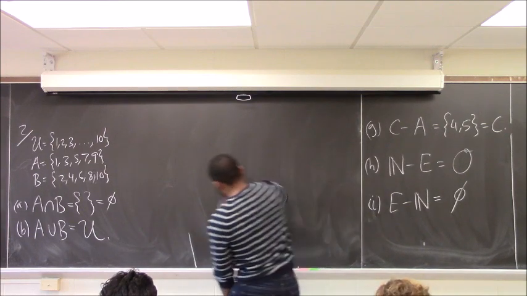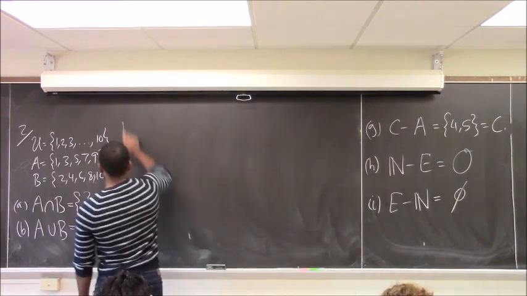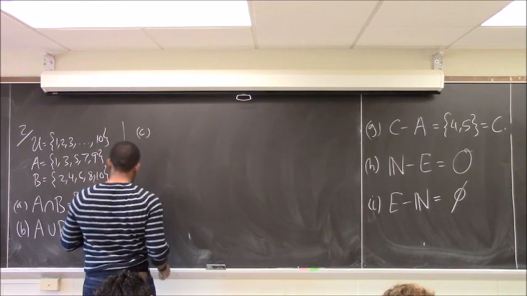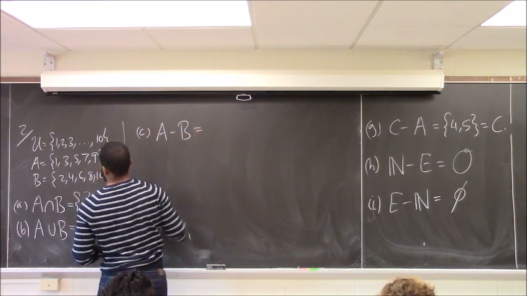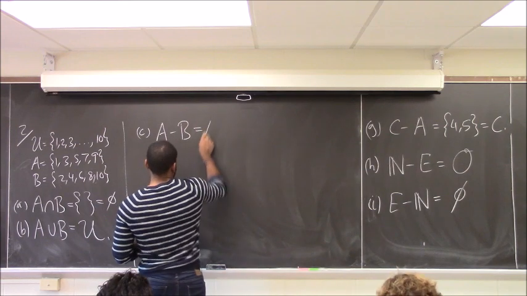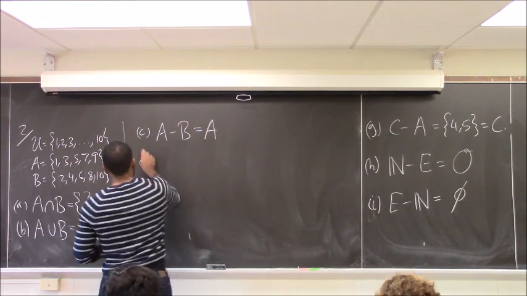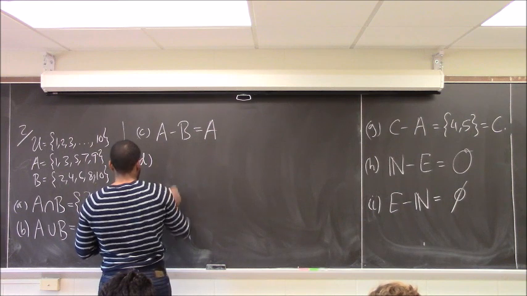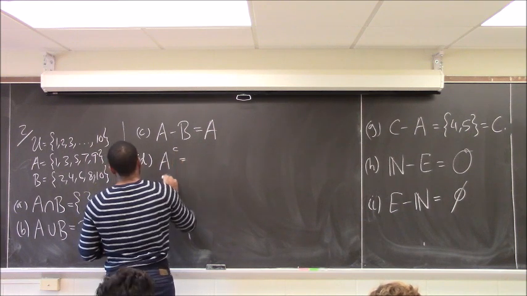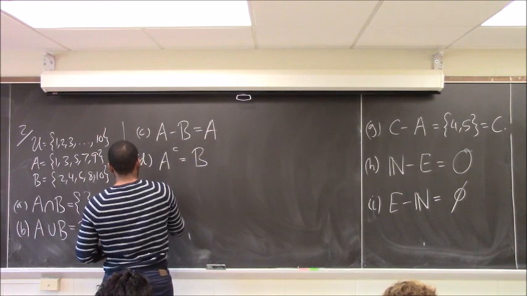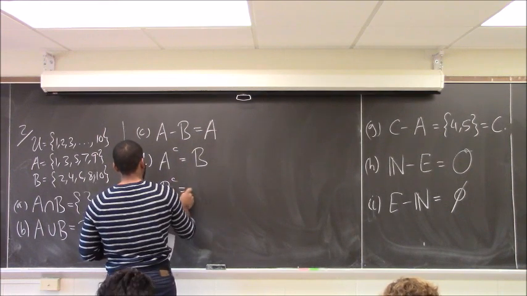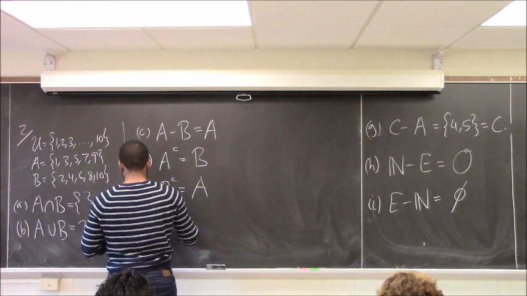Now, what about A minus B? It's just A, because there's no one in common. B, A complement. It's actually going to be B.